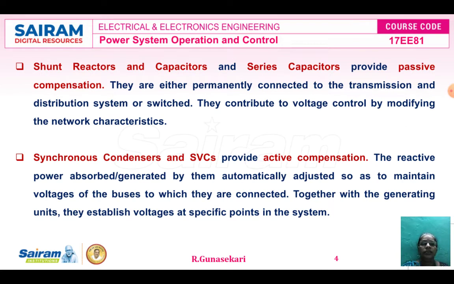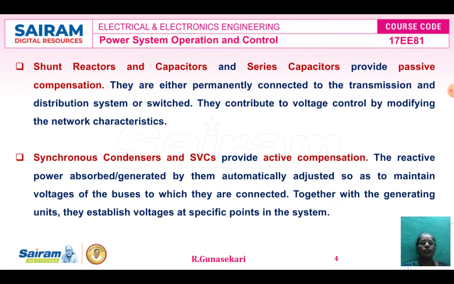Then the shunt reactors, shunt capacitors and series capacitors are all provided for passive compensation only, because they are either permanently connected to the transmission and distribution system or switched.